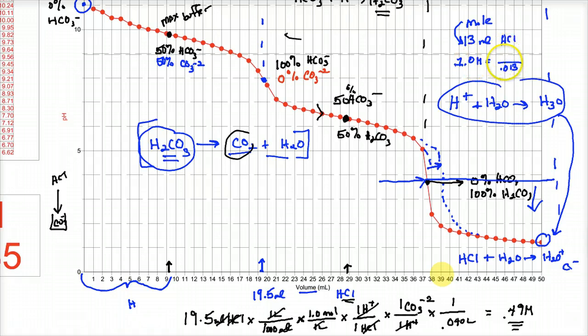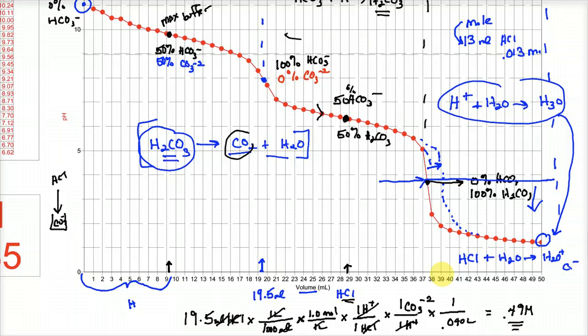Molarity is equal to moles over liters, so 0.013 times 1 gives 0.013 moles. Great, I have my moles. Now what do I do with that? I need a molarity.